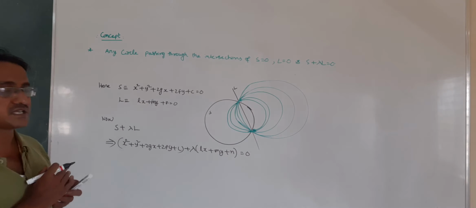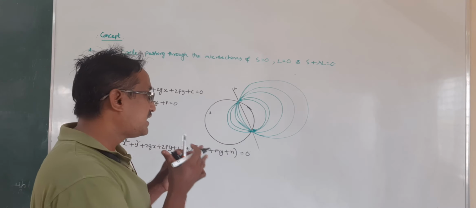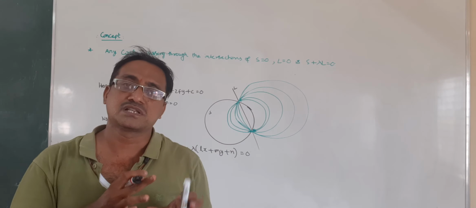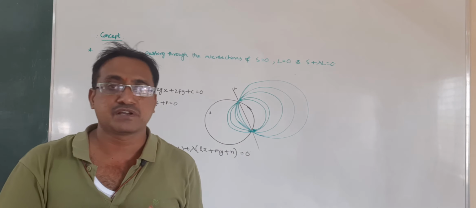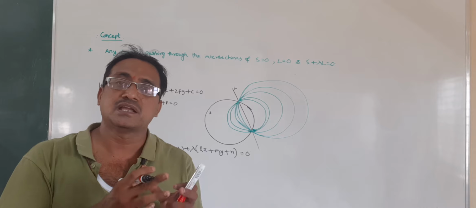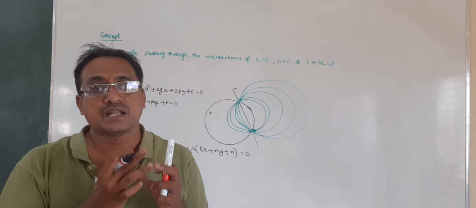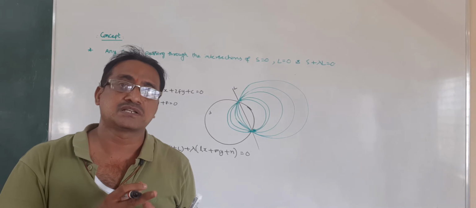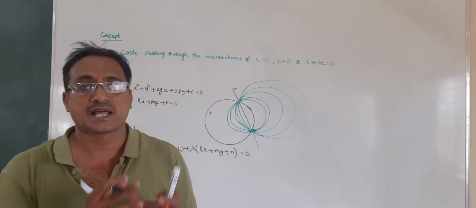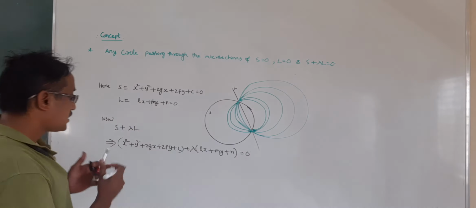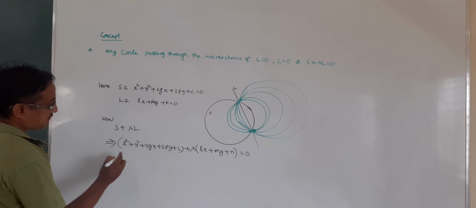Now this equation represents a family of circles passing through the intersections of S equal to 0 and L equal to 0. You can draw infinitely many circles passing through the intersections of a circle and a line like this. Depending on the value of lambda, you will get different circles.